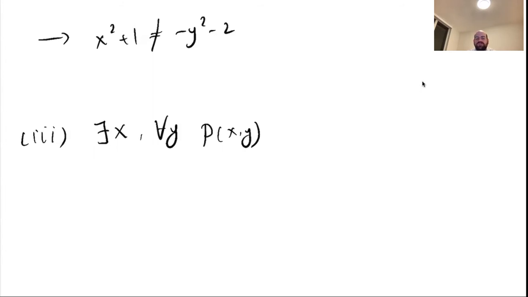So if I say, for example, there exists a class for which every student in that class has GPA more than 3.6. There exists at least one class such that in that class, every student has GPA more than 3.6.